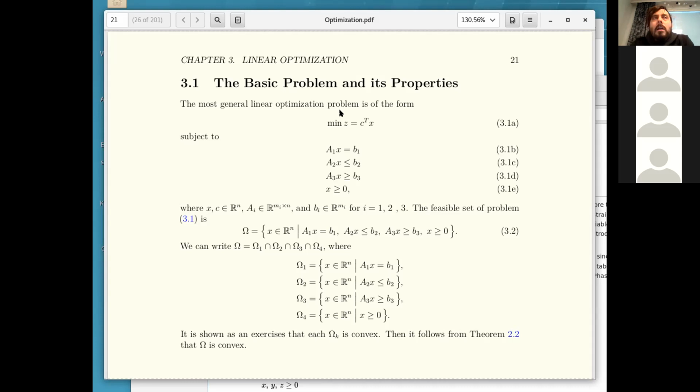Let's say that one example of this kind of problem would be that we are dealing with a process that uses raw materials. And the cost of each raw material, X1, X2, and so forth, is known, and we want to minimize the use of these raw materials.